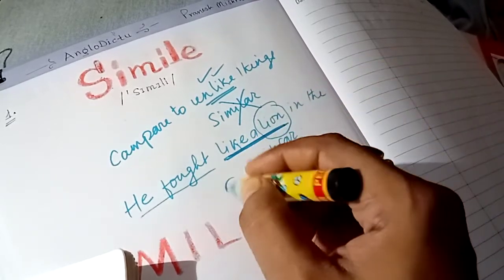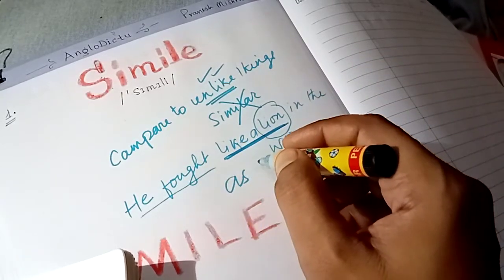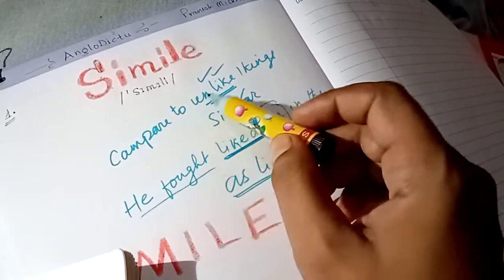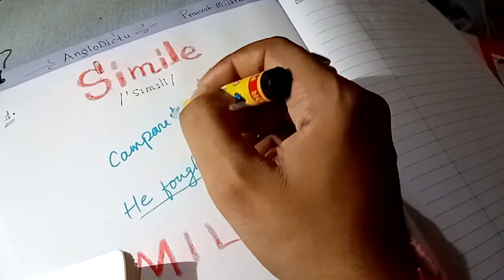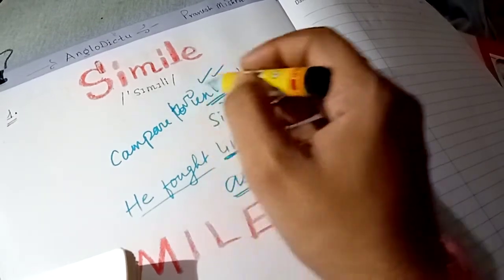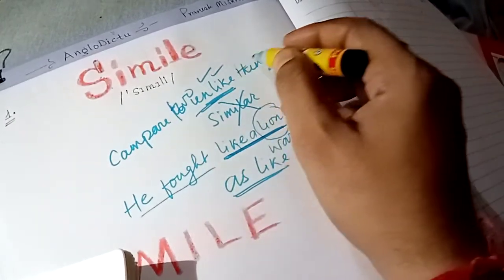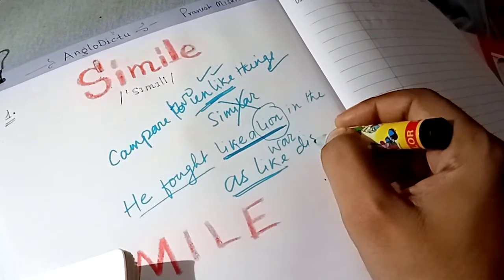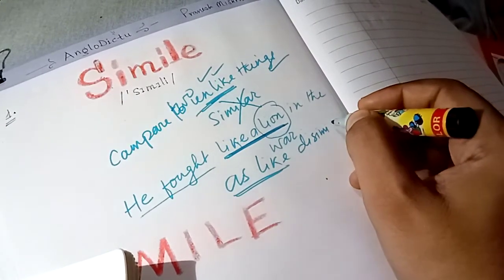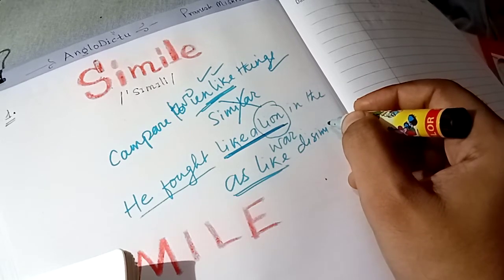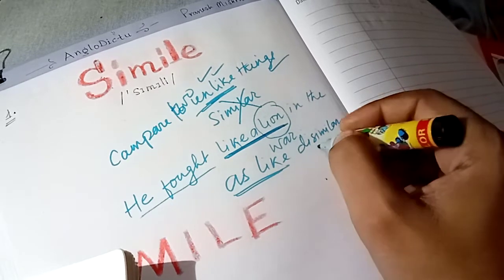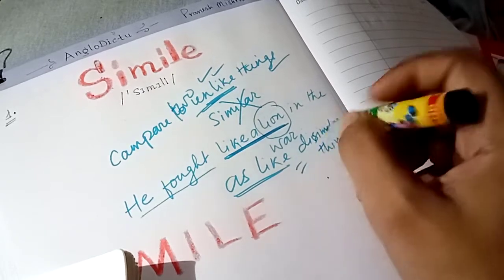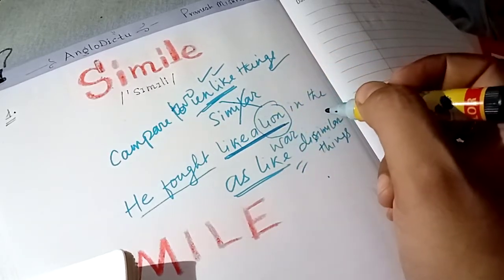So when we use as and like, and we compare two unlike things, dissimilar things, then we call it simile.